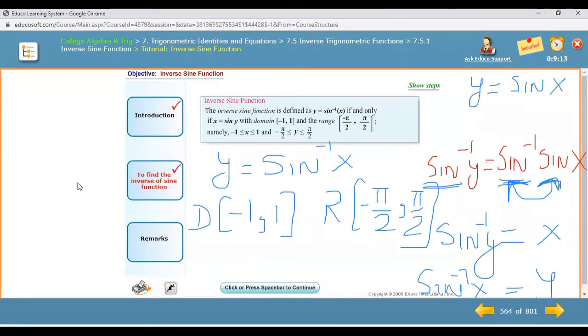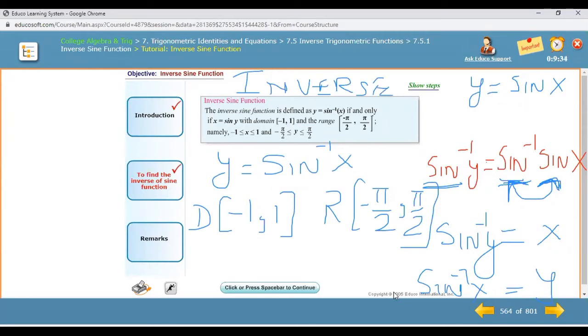Now this thing is important. We need to understand what we are trying to do with these domains and ranges, and the reason why we need this domain and range. This is inverse.